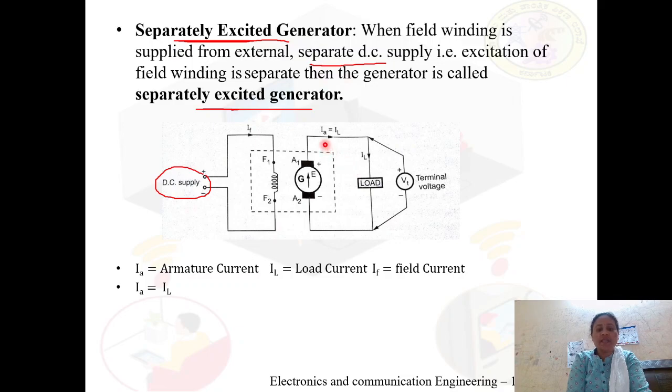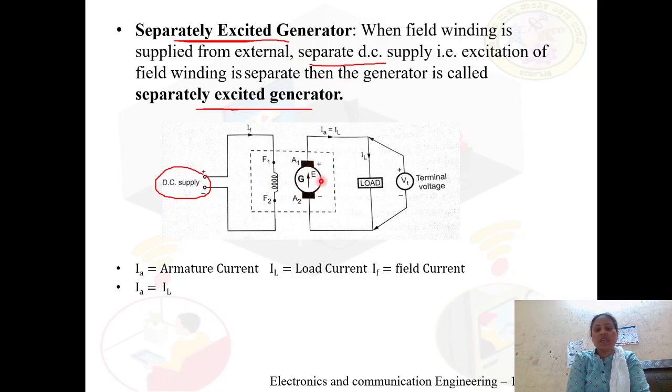As I said, the armature current IA is equal to the load current IL. And we know whenever we pass the current, the field winding produces the necessary magnetic flux. The conductors which are placed in the armature periphery cut the field magnetic flux, and it produces the EMF in the armature.